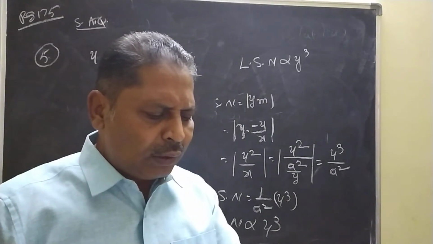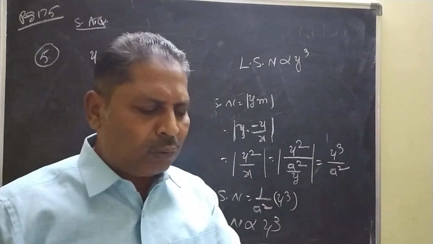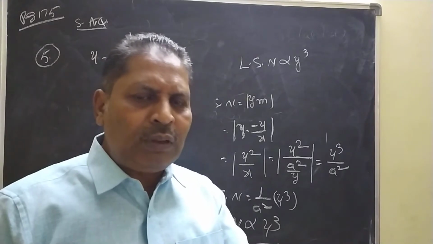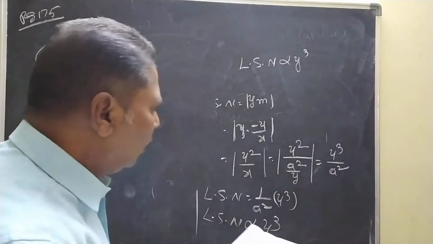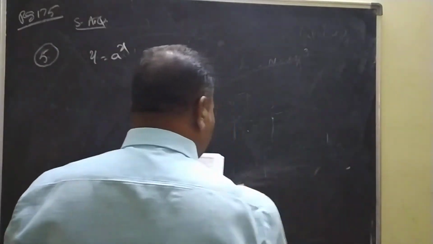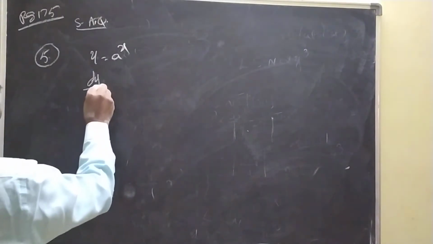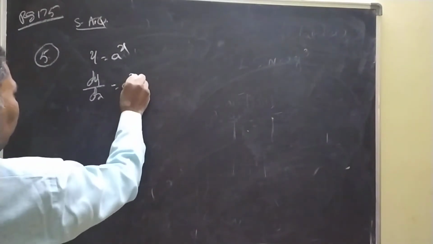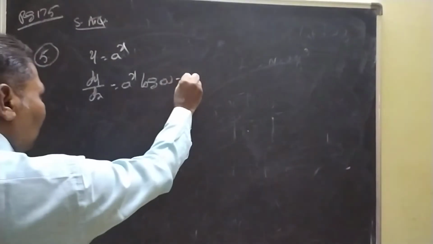Only one question: length of the subtangent is a constant. So first calculate dy by dx. A power x into log a. This is m.